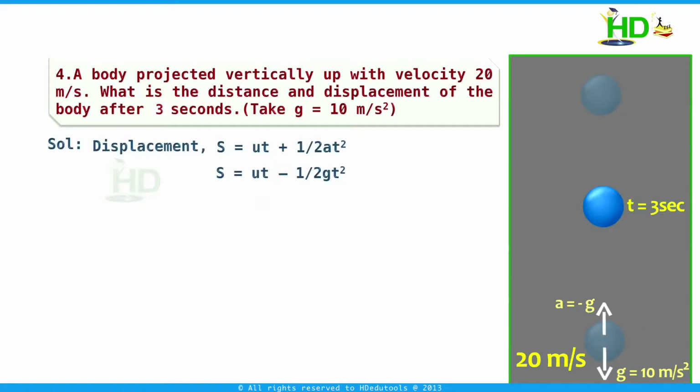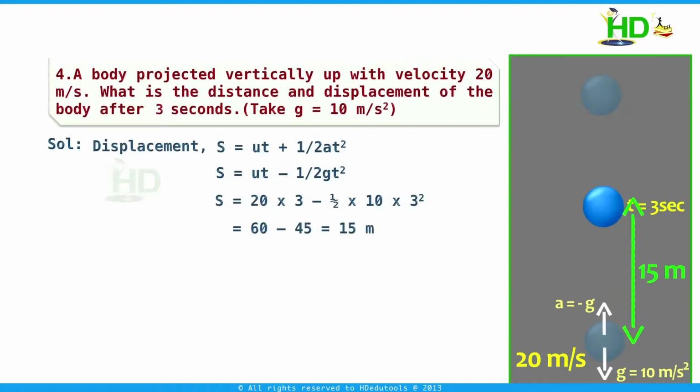This is equal to 20 into 3 minus 1 by 2 into 10 into 3 square, or this is 60 minus 45. This is equal to 15 meters. That means the body projected vertically up with initial velocity 20 meter per second is at a height 15 meter from the ground after 3 seconds.